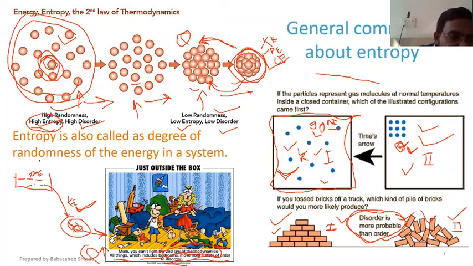Okay, so this is the most orderly arrangement. When it gets converted into kinetic energy, there is some amount of disorder involved. That disorder will further increase.